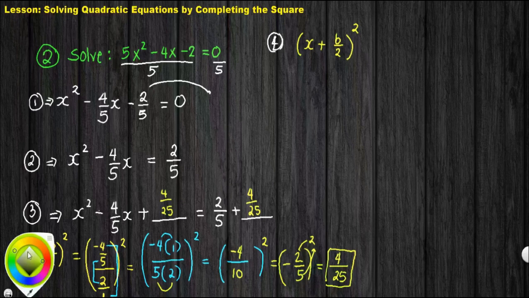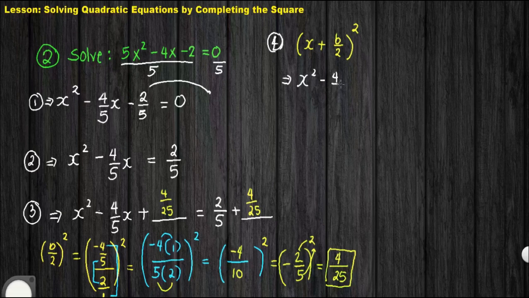Okay, that is the factor of our given equation, x squared minus 4 over 5 x, and the third term we got, 4 over 25, equals 2 over 5 plus 4 over 25. If you simplify these two fractions, we have 14 over 25.